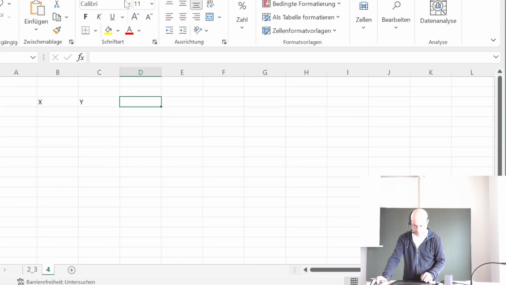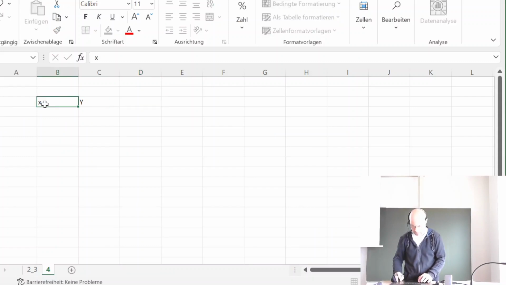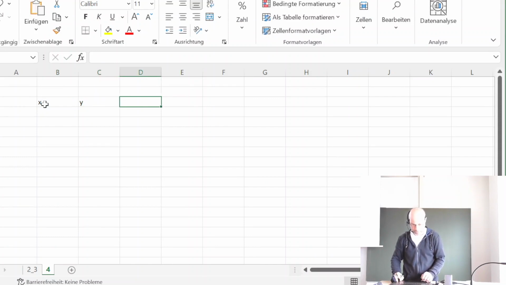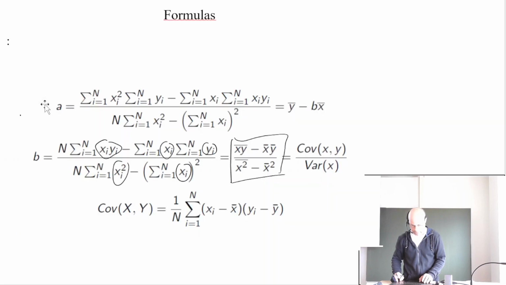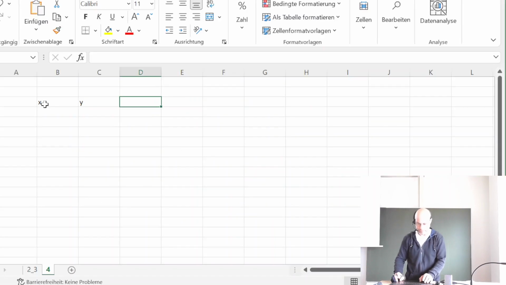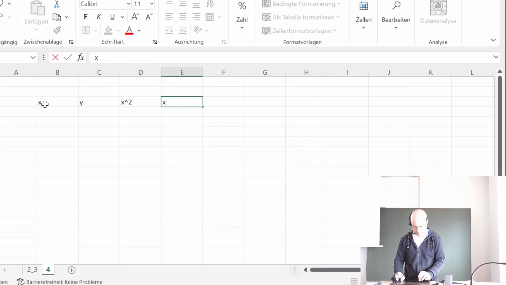Okay, so in this case, I always use small letters because these are data points. So what did we need? x squared and xy.